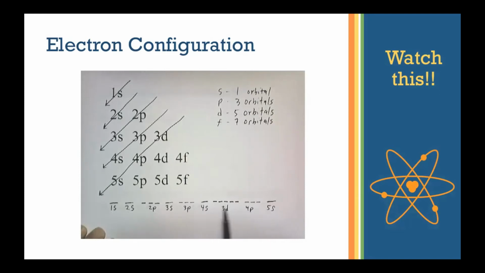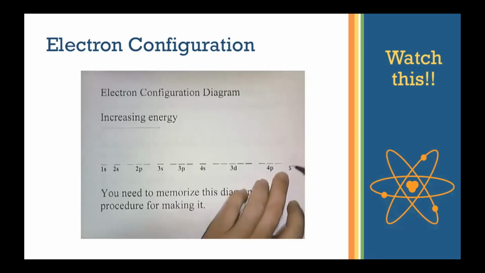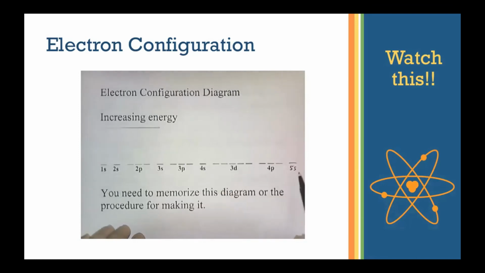You're getting further and further away from the nucleus. Energy increases as you go from left to right. You want to get close to the nucleus, so they're going to fill in these little slots from left to right. We're only going to go up to a 4p.